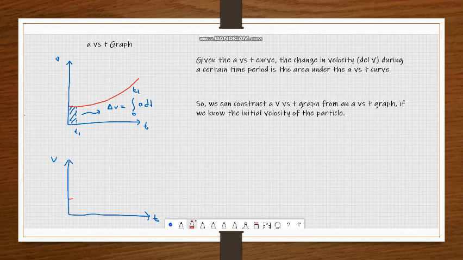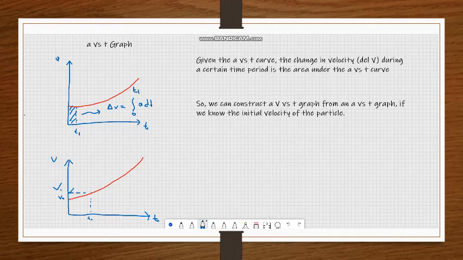Let's say we have a curve like this parabola, and we can say this one is velocity 0, which is the initial velocity, and we will see at time 1 is velocity 1, which comes from the area under this curve.